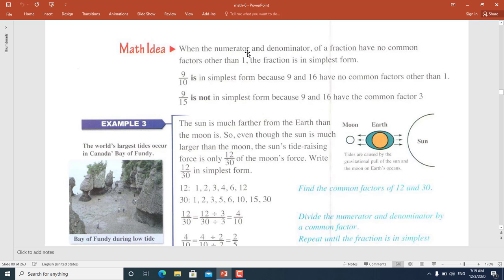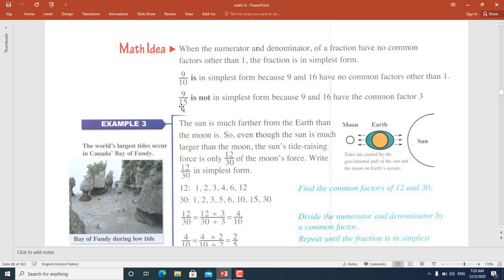When the numerator and denominator of a fraction have no common factor other than 1, the fraction is in simplest form. When you have a fraction, you find the common factor between them. If you don't have any other than 1, that means it's in simplest form. Like 9 over 10 is in simplest form because 9 and 10 have no common factors other than 1.